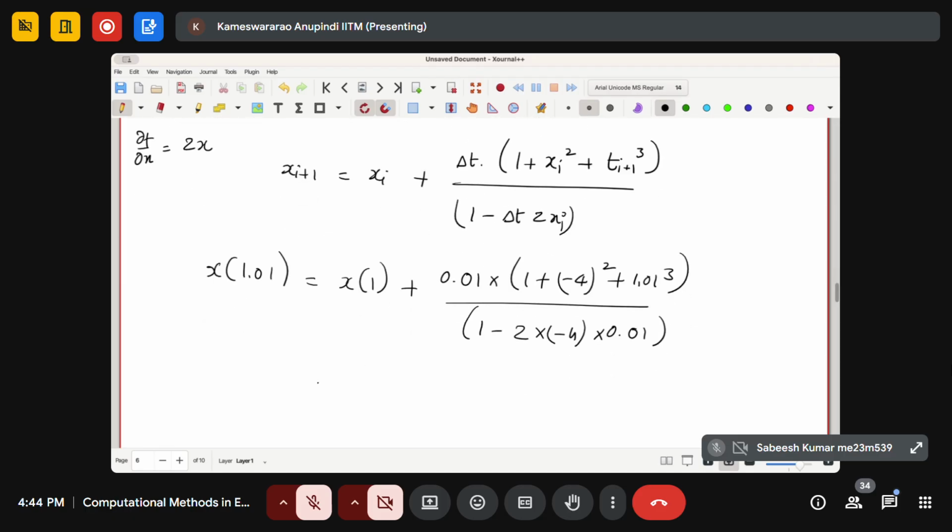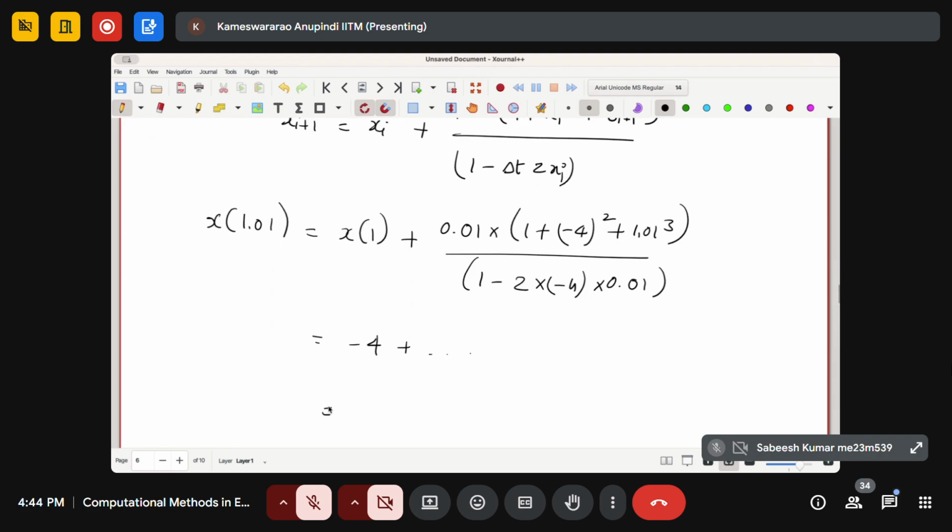So this is going to be minus 4 plus this quantity. What will it come out to be? Can somebody calculate and tell me? I have my calculator here. I'm going to just grab it. Okay, so what is this value? This is 17 plus 1.01 cubed.